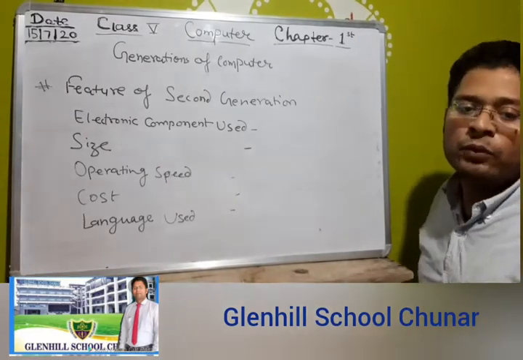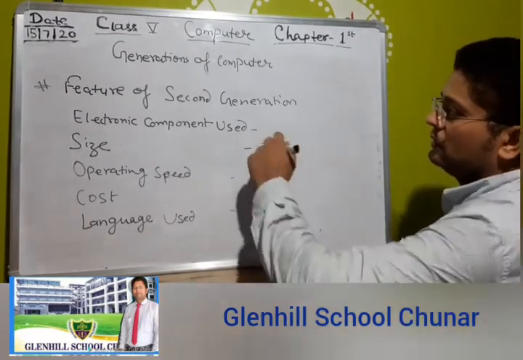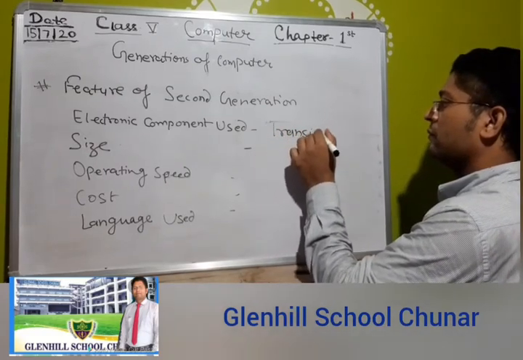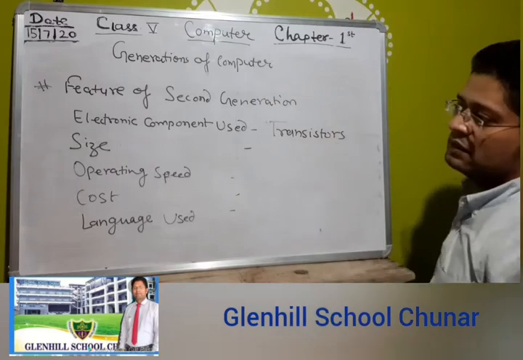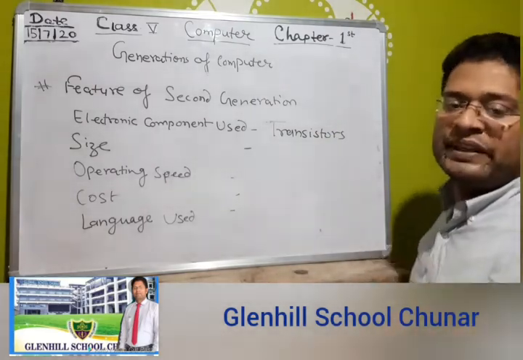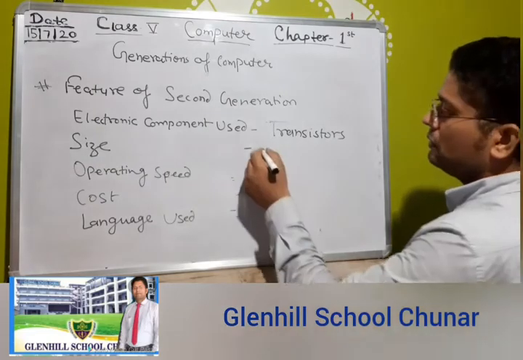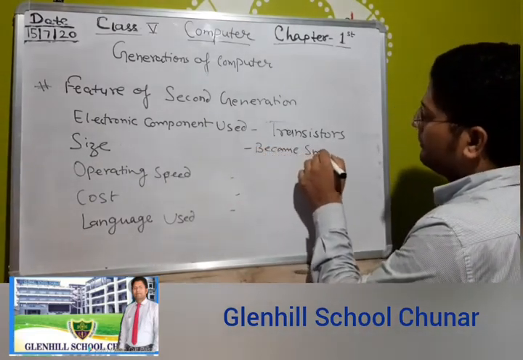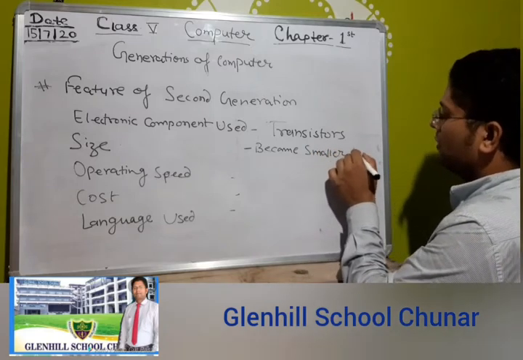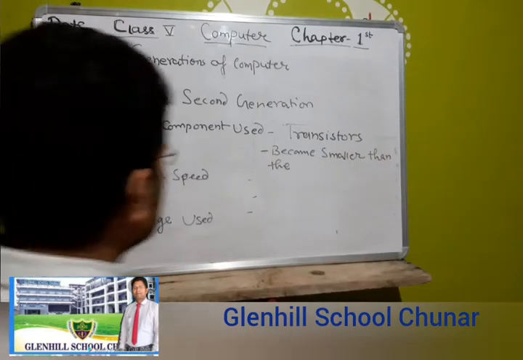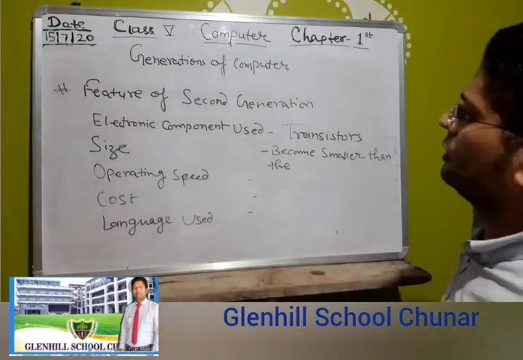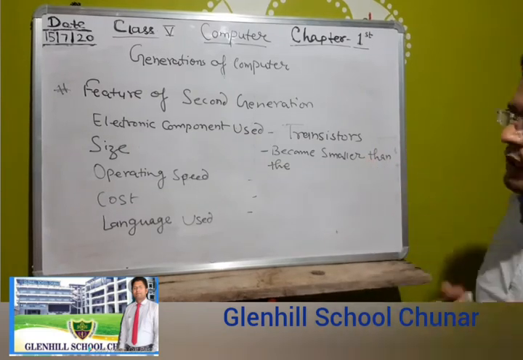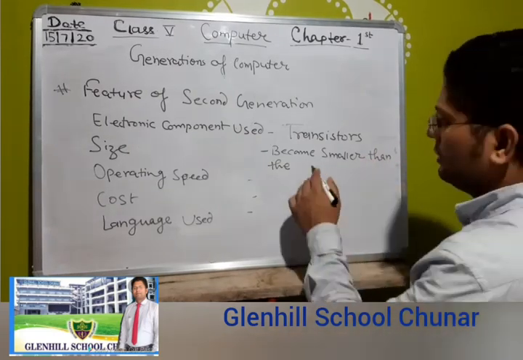The electronic component used in second generation is the transistor, and size became smaller than the first generation.